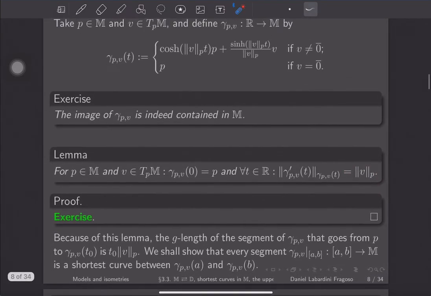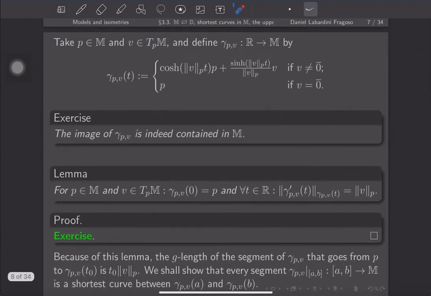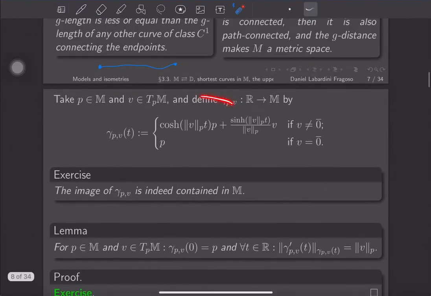Okay, but that alone doesn't mean that this is a shortest curve, right? Because for instance, consider the unit circle, parametrized with the usual cosine and sine. The rapidity is constant, equal to 1, because the derivative of cosine is minus sine and the derivative of sine is cosine.